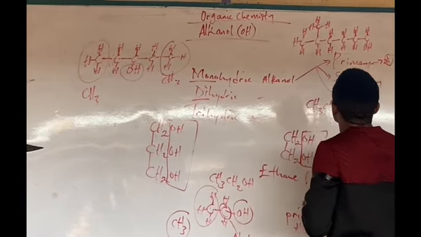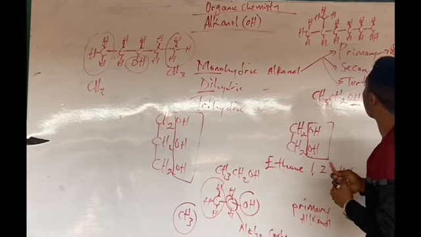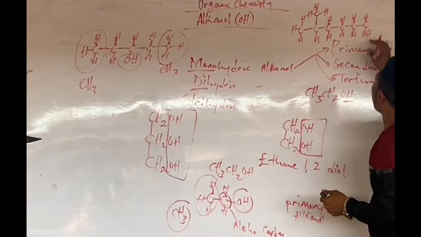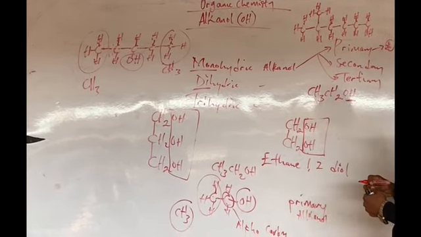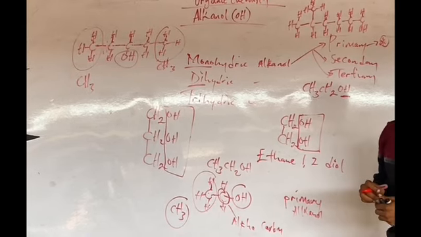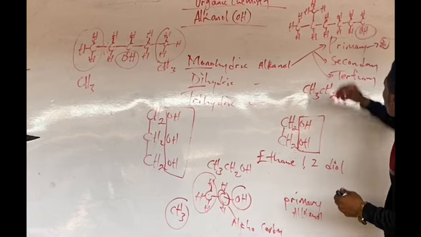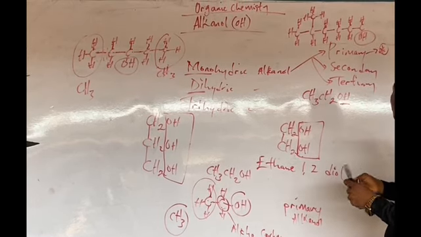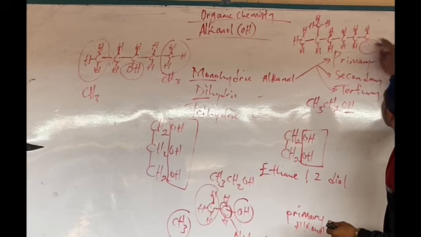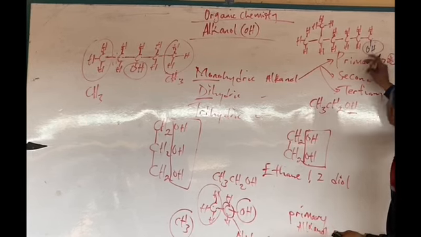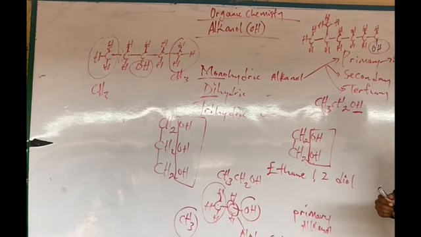Now class, ladies and gentlemen, if you watch carefully, where is the functional group here? This is the functional group, right? The hydroxy. Sorry for the bad marker, I hope you can see it clearly. Now this is the functional group, the hydroxy.